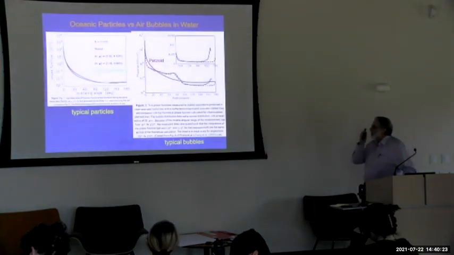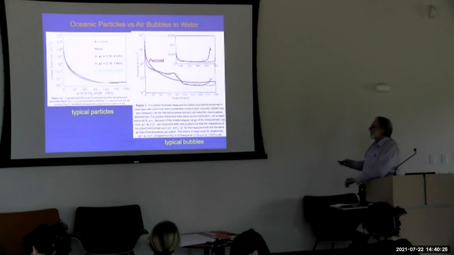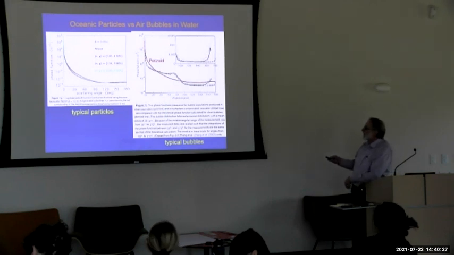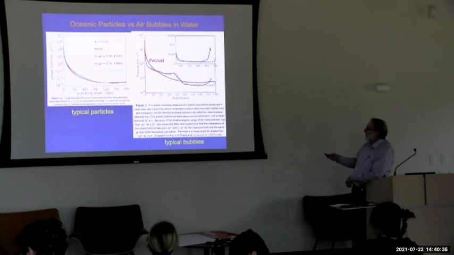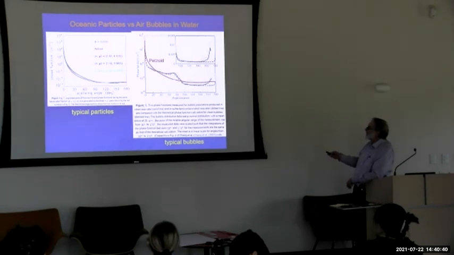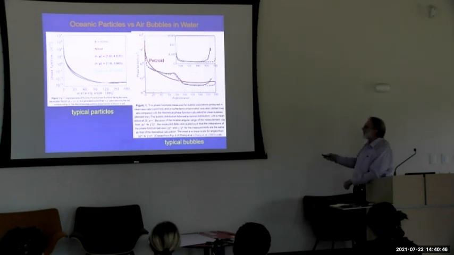Okay, here's a few more volume scattering functions. Here's Petzold's volume scattering function in the red curve here. Here's a model we'll talk about in a minute. And then here's Petzold versus some measured phase functions for little microbubbles in the water.